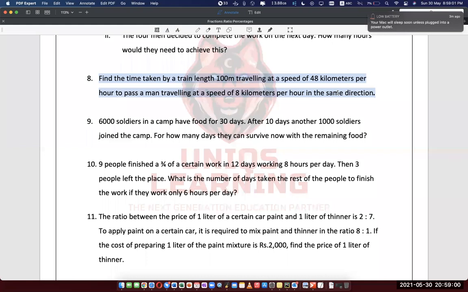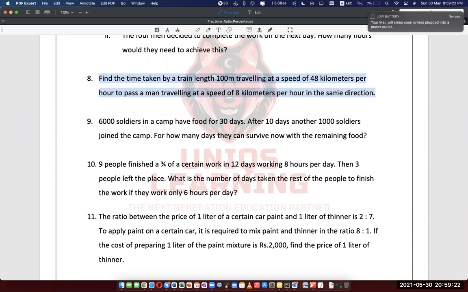So let's take the time taken as t. Let me write: let the time taken be equal to t. If the time taken to pass the man is t, what is the distance traveled by the man?